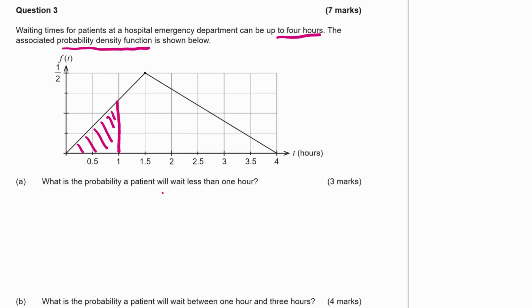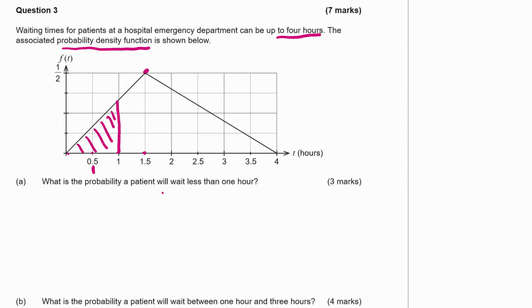Now the base of the triangle we can readily see is 1. But the height we can't really read from here. But what we do know is that this is at a half. So it makes sense that 1/3 of that distance, because remember this is going 1, 2, 3 units across to 1.5 here.